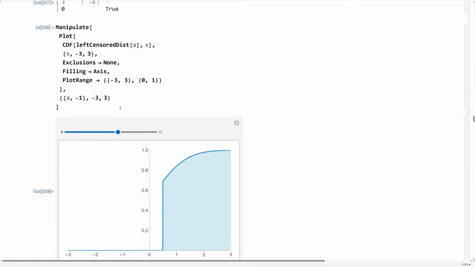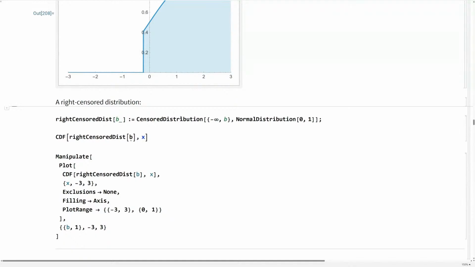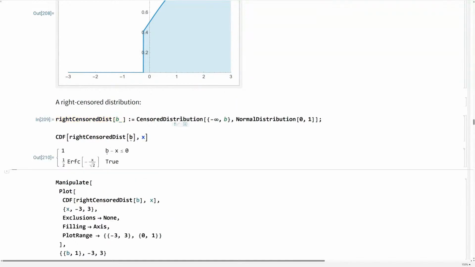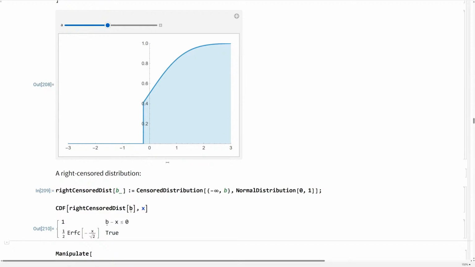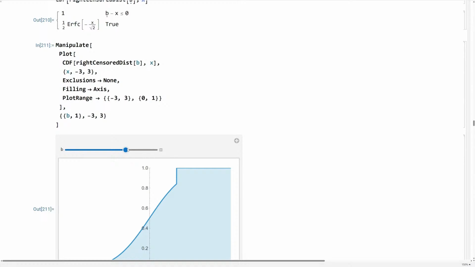And the whole build up of this Manipulate was enabled by, we can just plot the CDF right here, and just asking for A to be in this -3 to 3 range. All right, and there's the right censored distribution, which is the same. We're just cutting it from the right. So yeah, this time it got cut to the right.